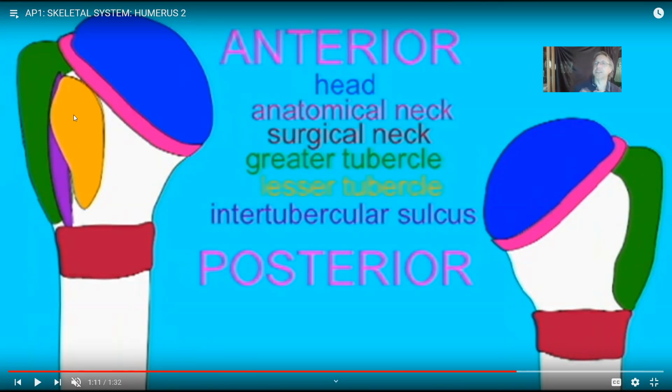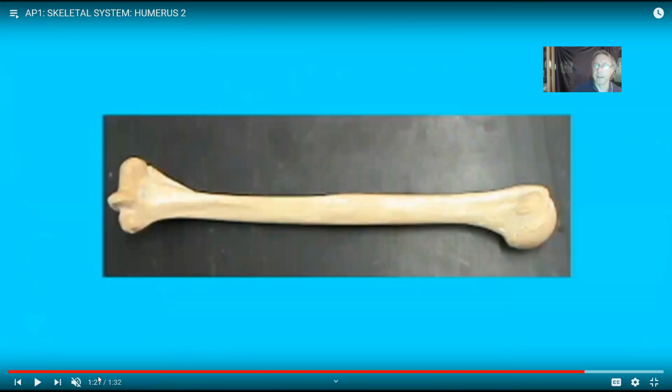When I look at the chest muscle, the pectoralis major, or the latissimus dorsi, they're going into this region of the intertubercular groove or sulcus. And so these are good terms to know, not only here if you're studying for, say, a quiz on the bones, but also for muscles later.